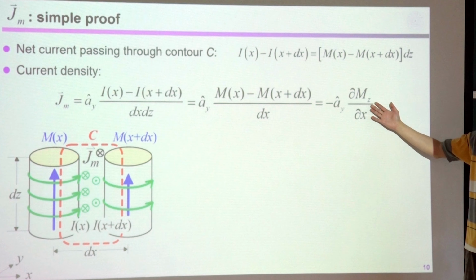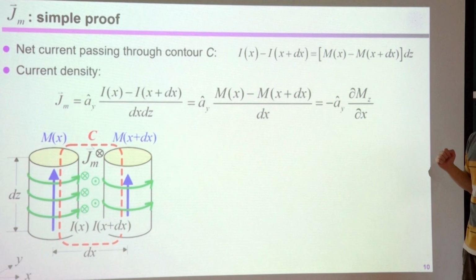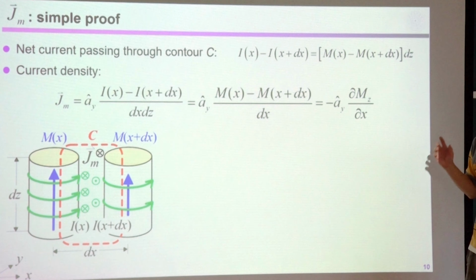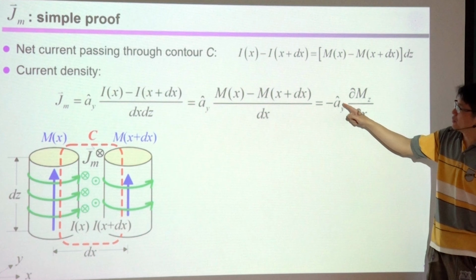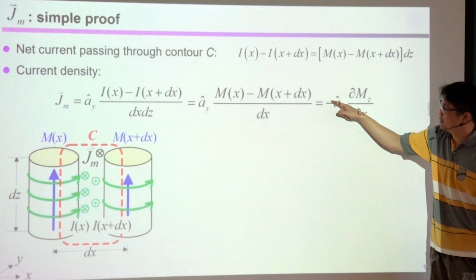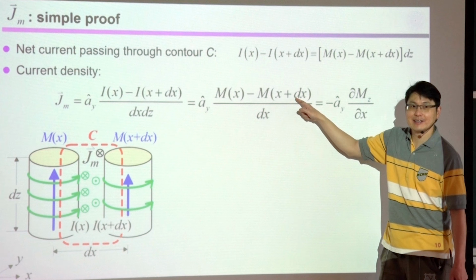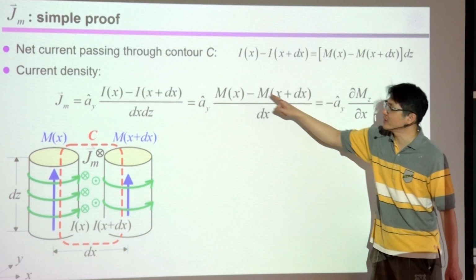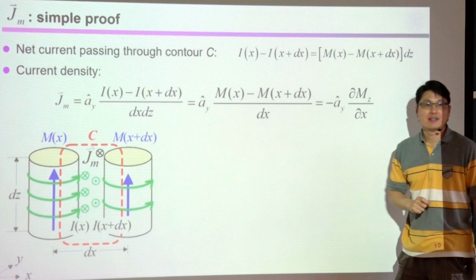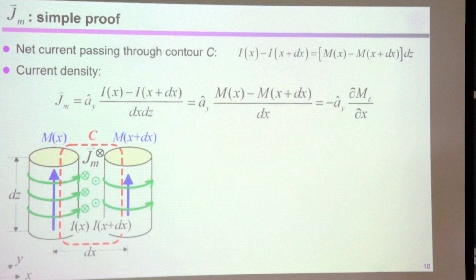So in the end, the volume current density is in a negative y direction, and this is basically the differentiation of M in the x direction, right?